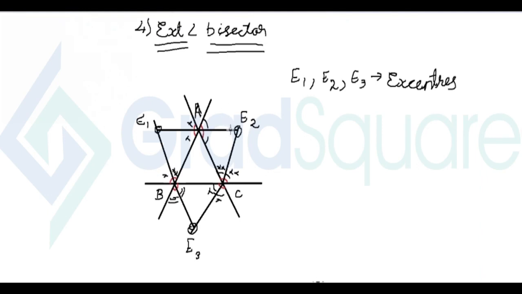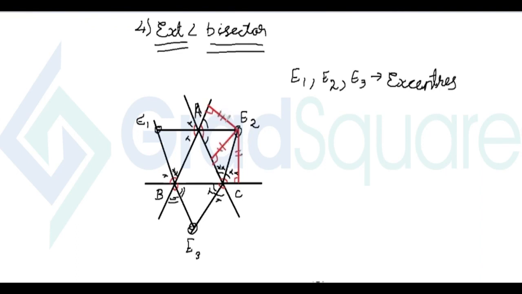From E2, if I drop a perpendicular onto AC, and then a perpendicular onto AB produced, and similarly a perpendicular onto BC, then these 3 perpendiculars will be equal in length.